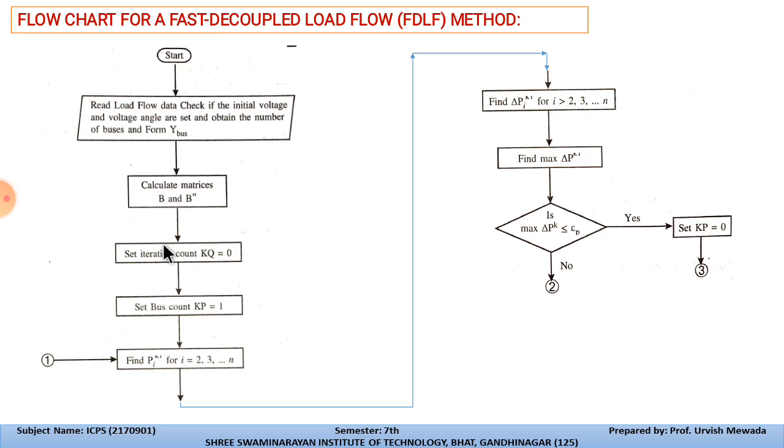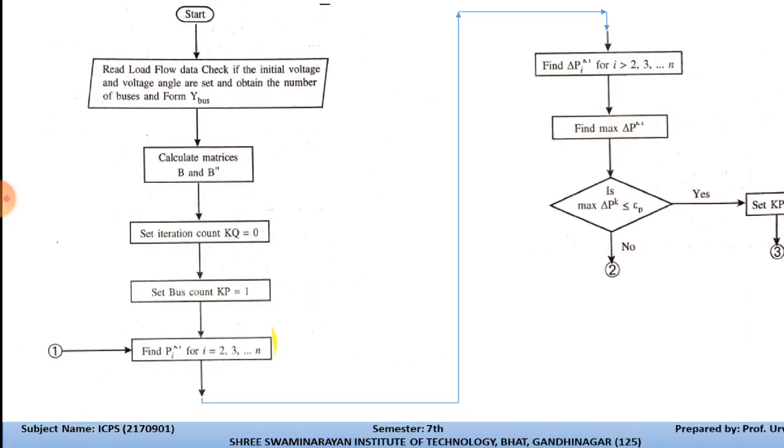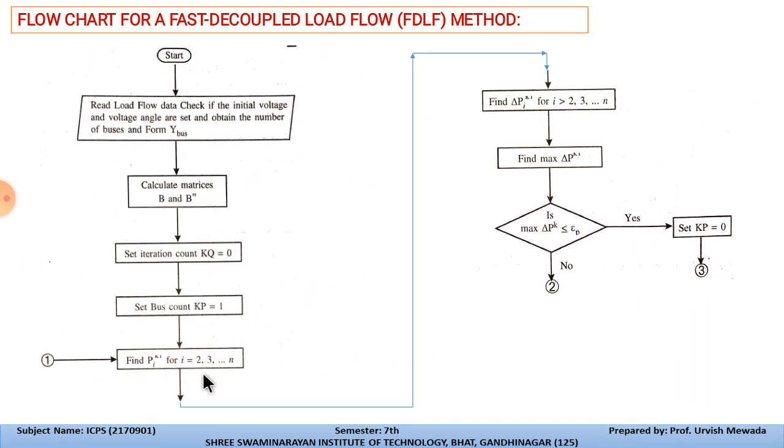From that we can set the iteration count, KQ equal to 0, and set the bus count, KP equal to 1. So this is the iteration count, and this is the bus count. Then we can find P i, for i equal to 2, 3, up to n, because we have taken bus number 1 as the slack bus.